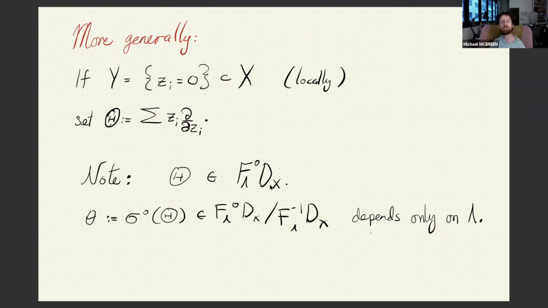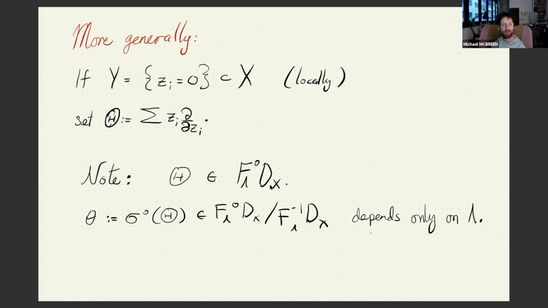So if y is cut out by z_i equals 0, where z_i is some subset of a collection of local coordinates on x, then you can just pick theta as indicated. So it's the sum of what's called an Euler vector field.